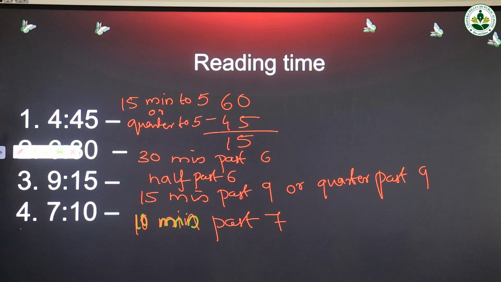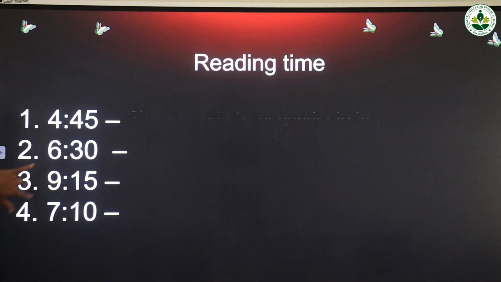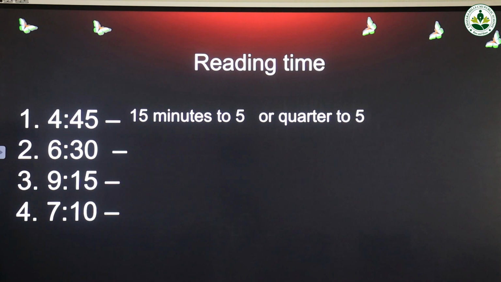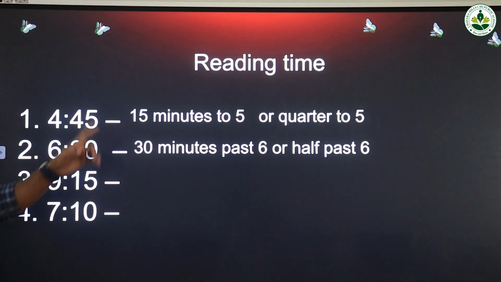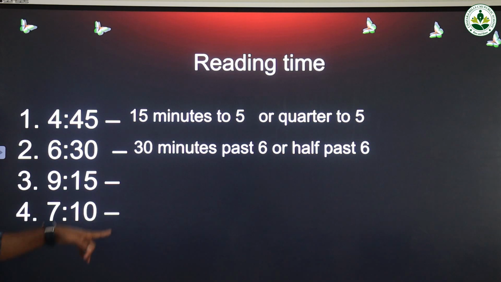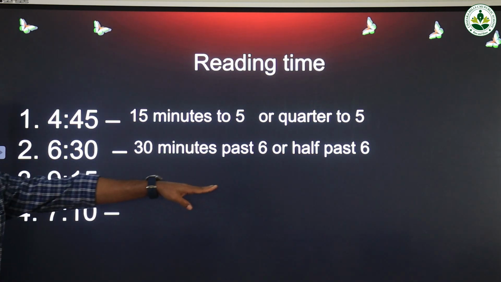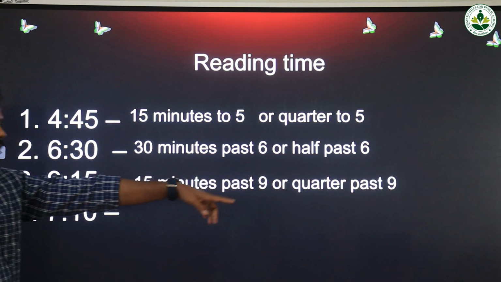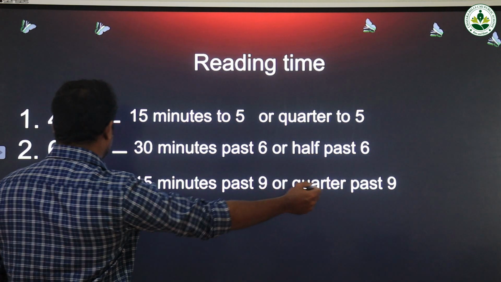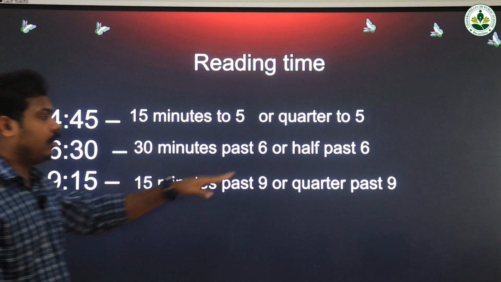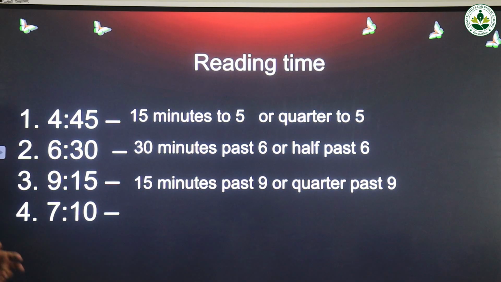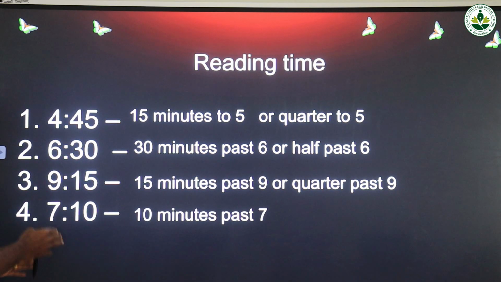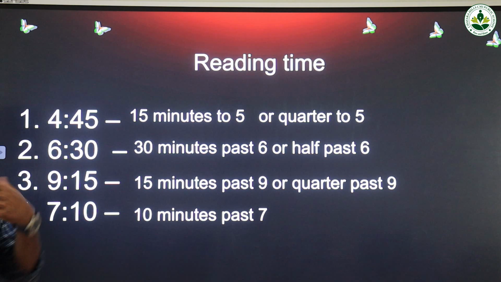Okay, so once more, first one is 15 minutes to 5, or quarter to 5. Second one is 6:30, read as 30 minutes past 6, or half past 6. And the fourth one, 9:15. 15 minutes, it is on the right half. So we can write 15 minutes past 9, or quarter past 9. And the last one, 10 minutes past 7.